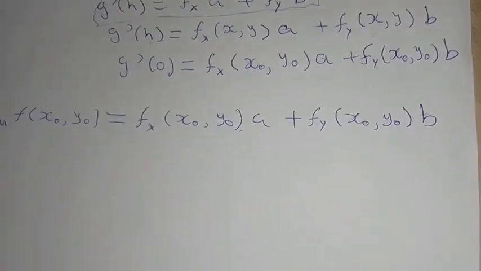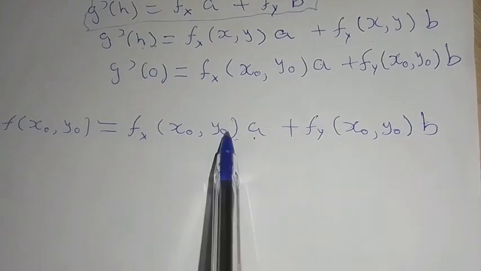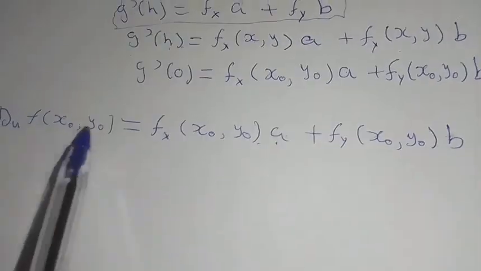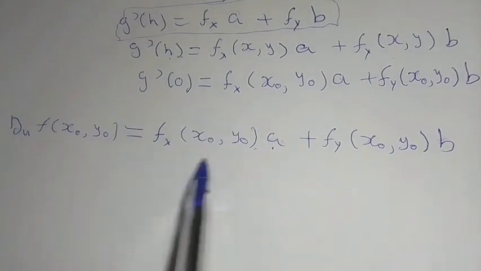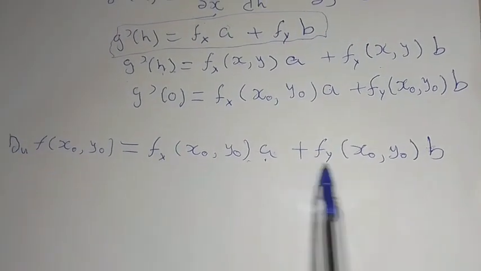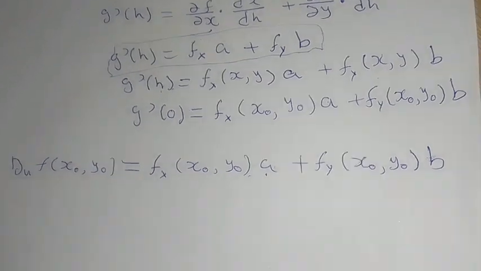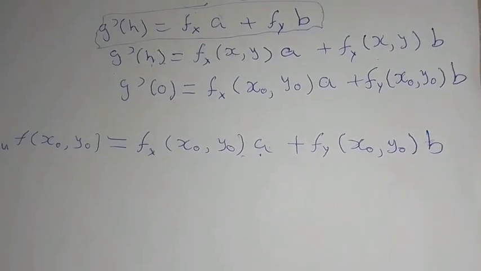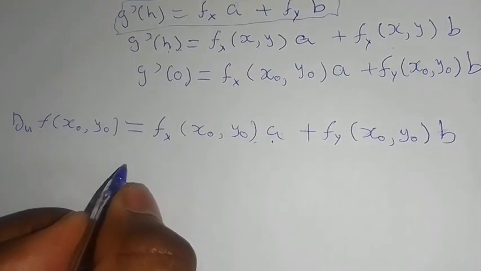So what does this mean? Since you have this, we know that a and b come from a vector, but we know that the directional derivative, by just looking at the formula, is a magnitude, right? This is a magnitude. How do we multiply vectors such that you just get a magnitude? We technically just find the dot product.